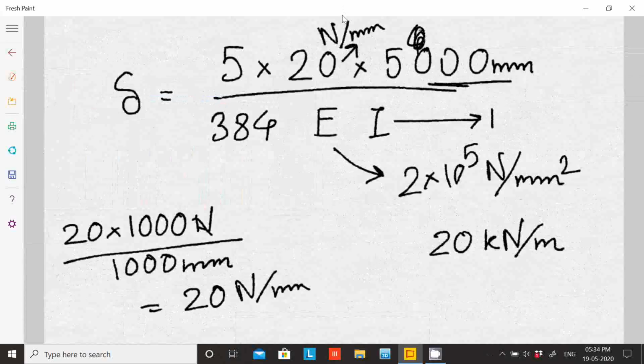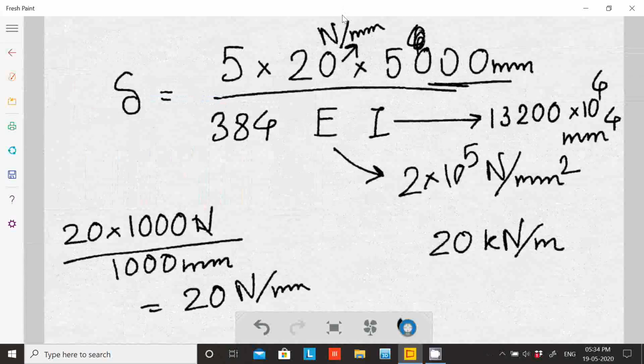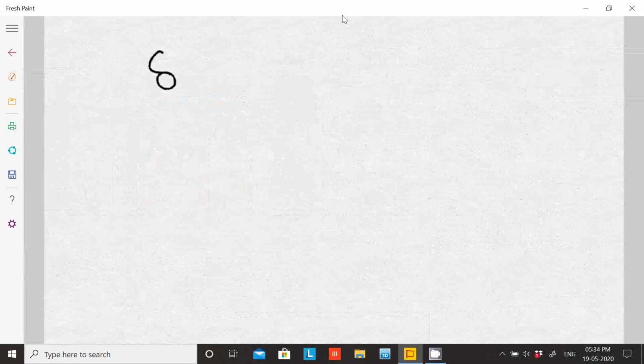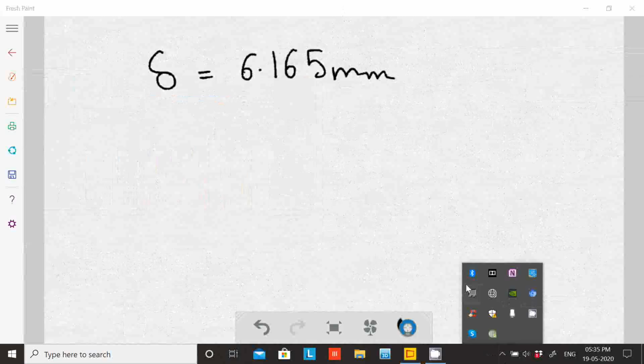It is IZZ, 13200 into 10 to the power 4 mm^4. So when you do the calculation, what you will get is delta equal to 6.165 mm.